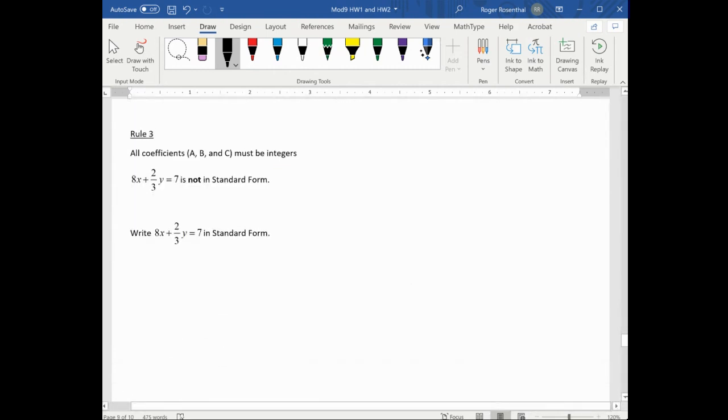Another rule about standard form is all of your numbers here have to be integers. And I remind you, integers mean positive or negative whole numbers. So the problem here is the 2/3. So we can take our equation here.